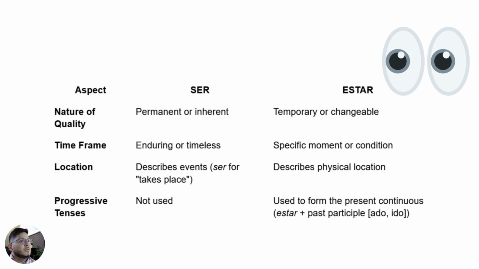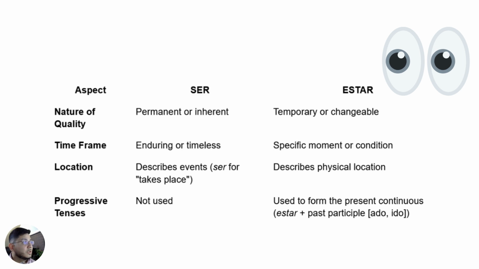So the meeting is at the company. La reunión es en la empresa. The meeting is at the company. La reunión es en la empresa. Estar describes a physical location, literally. So, el gerente está en la oficina.